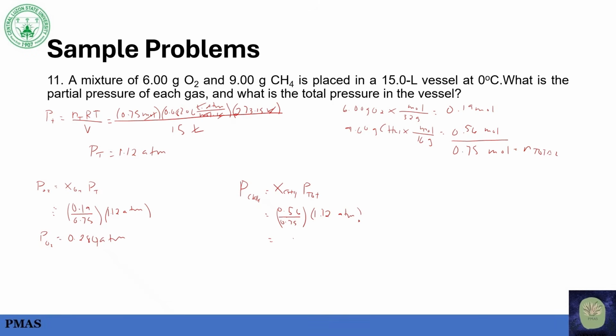So this is 0.836 atmosphere, the partial pressure of CH4. Okay. Now to further check if the calculations are right, remember that if you sum the partial pressures, you will get the total. So adding 0.284 and 0.836 should be 1.12 atmosphere.